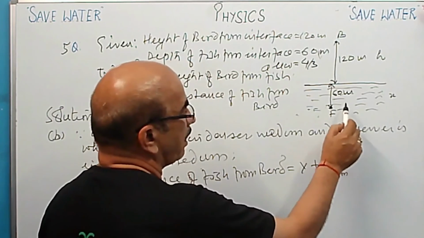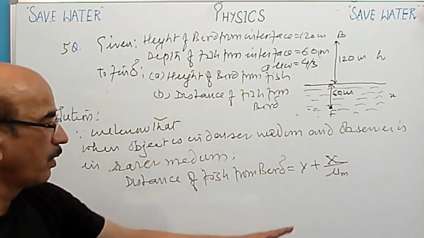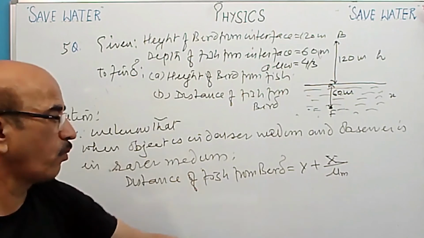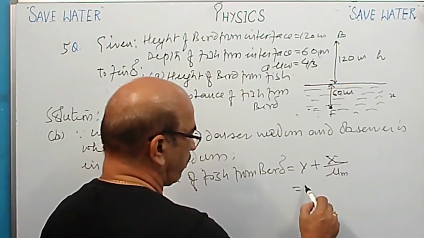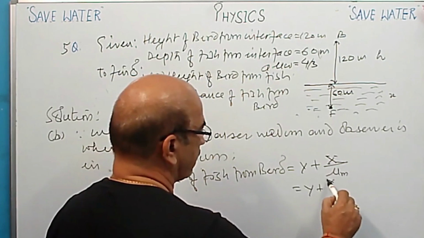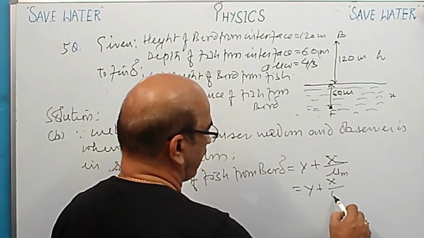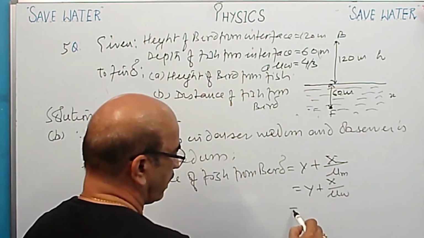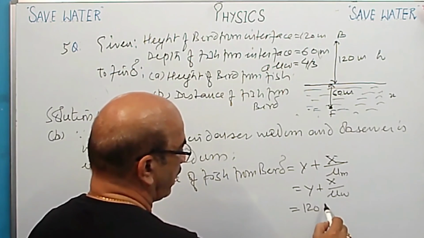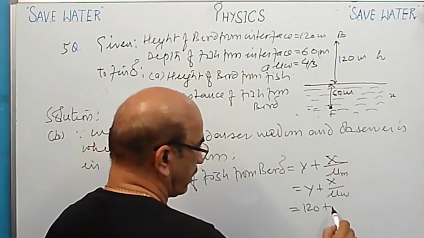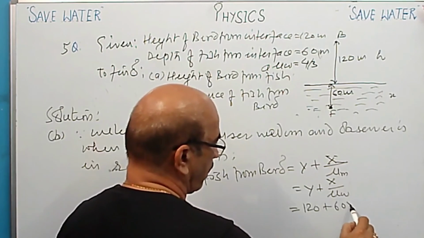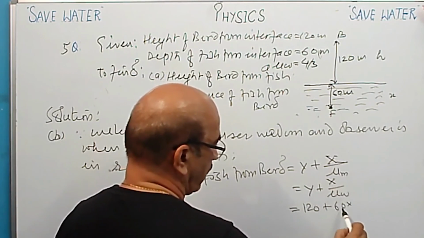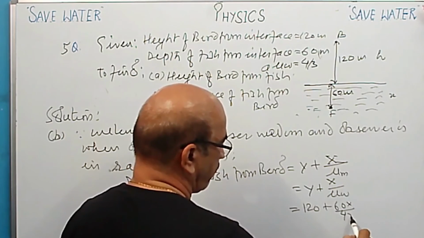So refractive index of medium, here medium is water. So we shall write down the refractive index of water here. Or we can write down here y plus x upon refractive index of water, and it will be how much? Distance 120 plus it is 60 into, yes, it is 4/3.